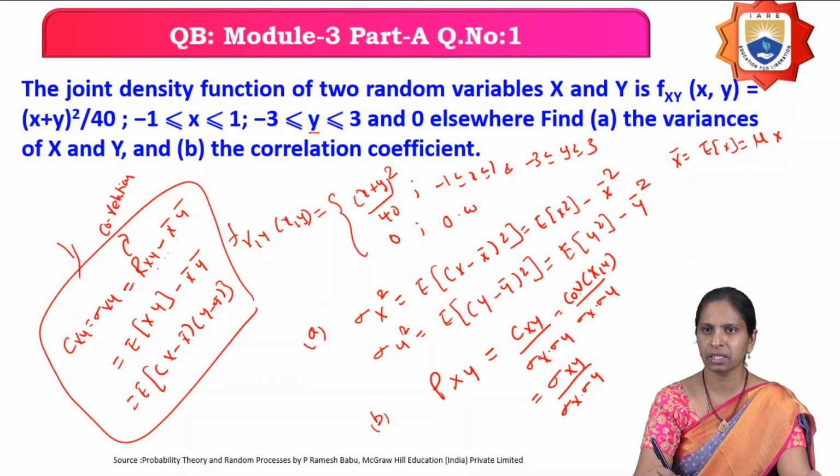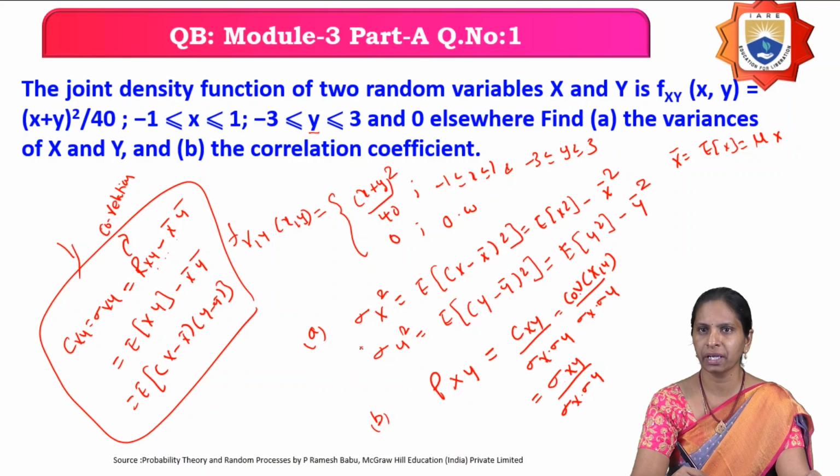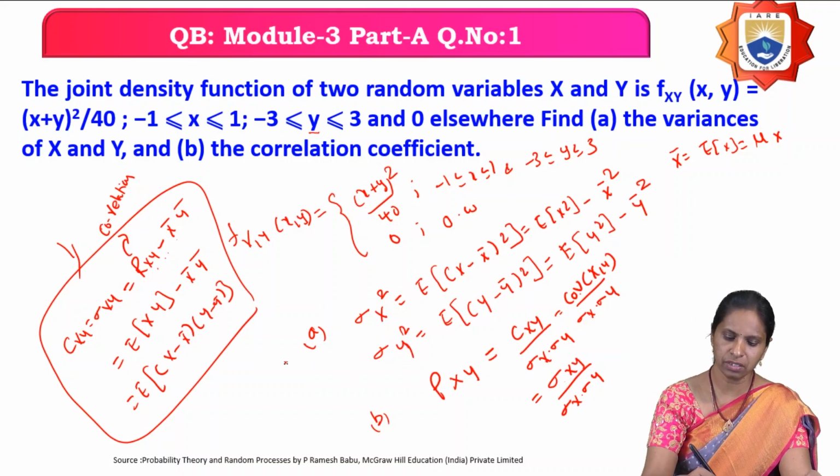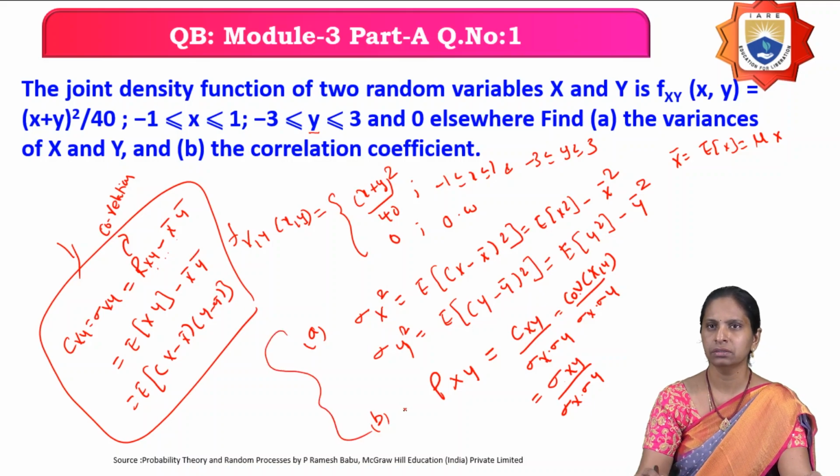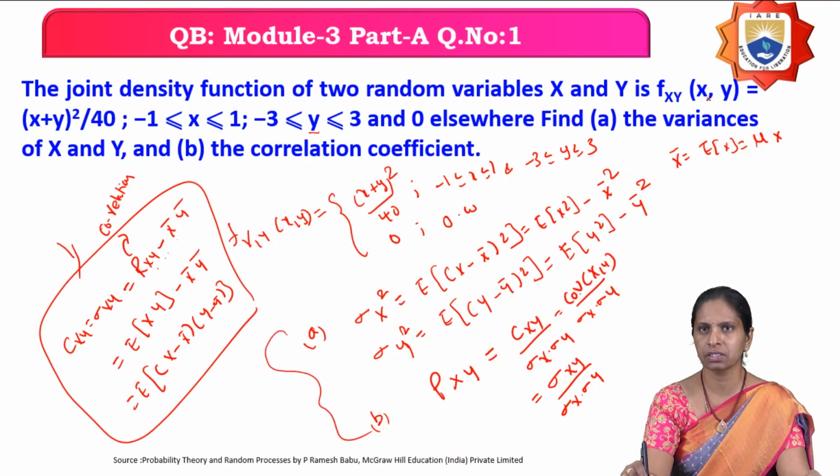And what is sigma x? It is the square root of the variance, the standard deviation of the random variable x. And sigma y is the standard deviation of the random variable y, which can be obtained by taking the square root of the variance of the random variable y. So, these are the formulae to calculate the variances as well as the correlation coefficient.